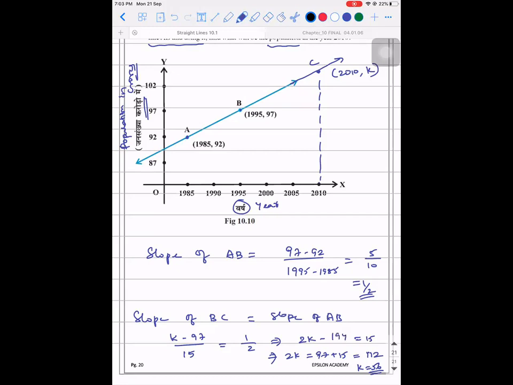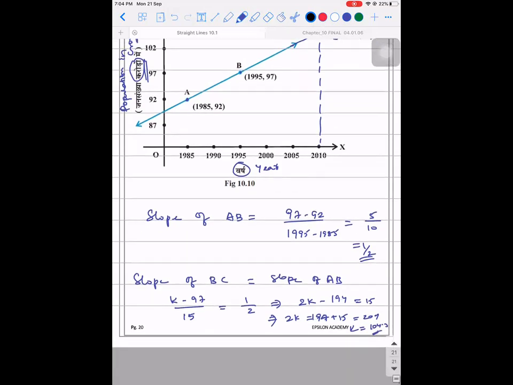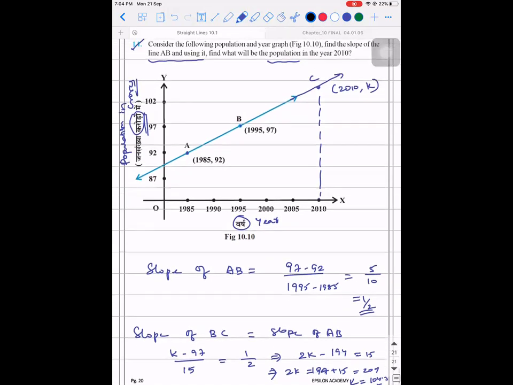Yes, sir. 194 plus 15 is how much? 209, sir. So 209. Then K will be equal to 104.5. So it is 104.5 crores. That is the population.